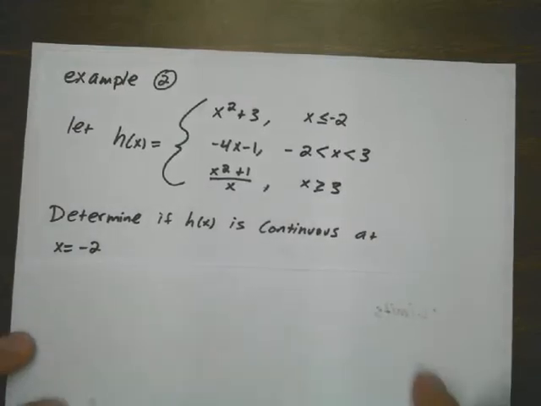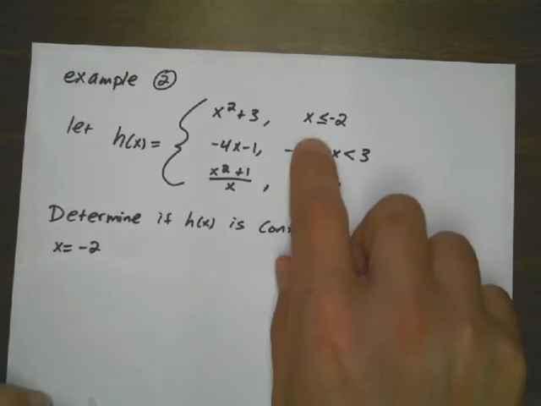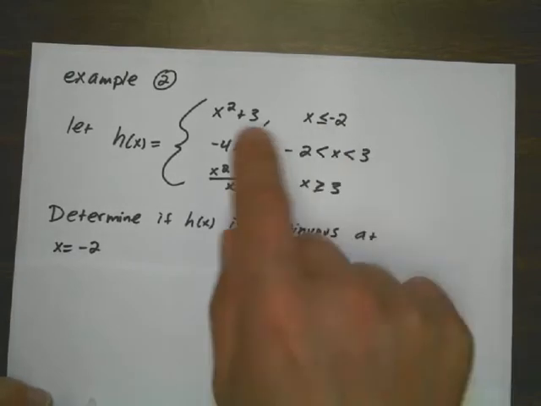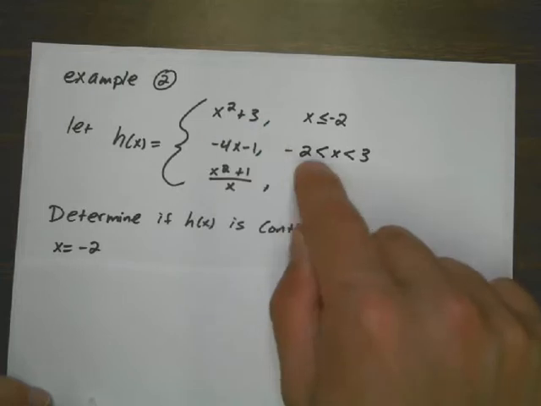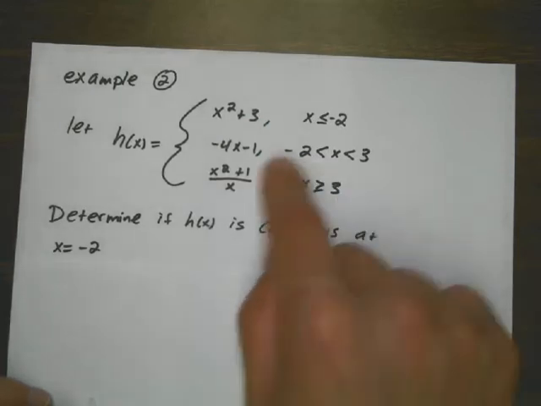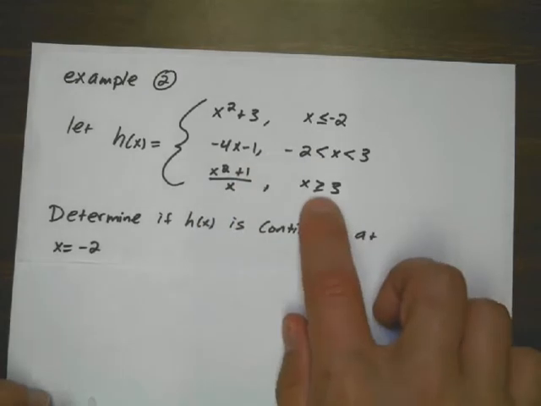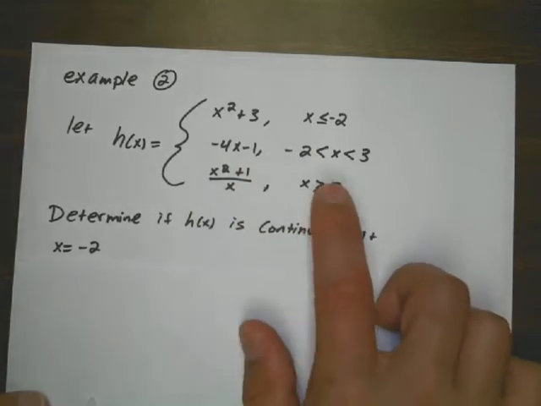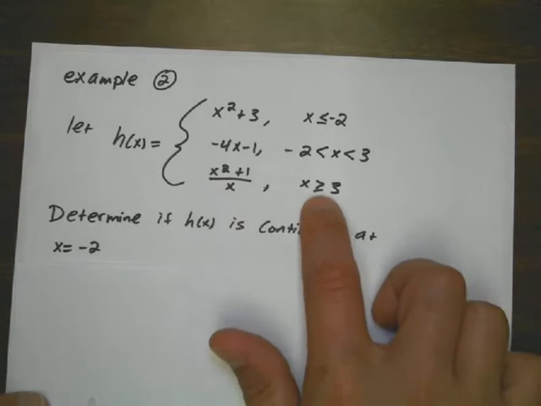has a piecewise function. Anything that is less than or equal to -2, we're using the top definition. Anything between -2 and 3, we're going to use the middle part, and all values of x that are greater than or equal to 3, we're going to use the bottom.